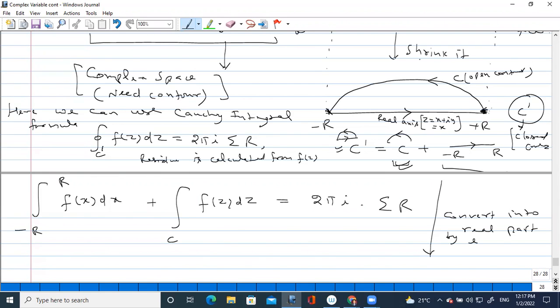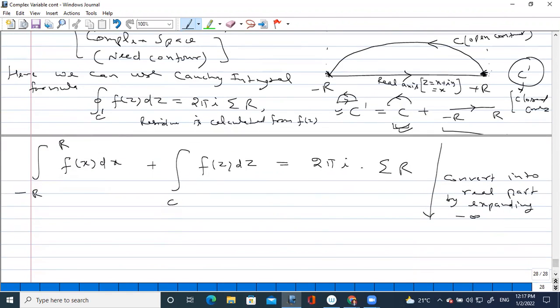Here you had shrunk it; now you can expand it to infinity. By expanding r to infinity on both sides, negative and positive, you revert it back. So what will it convert to? Again it will become the real line, going from minus infinity to plus infinity.